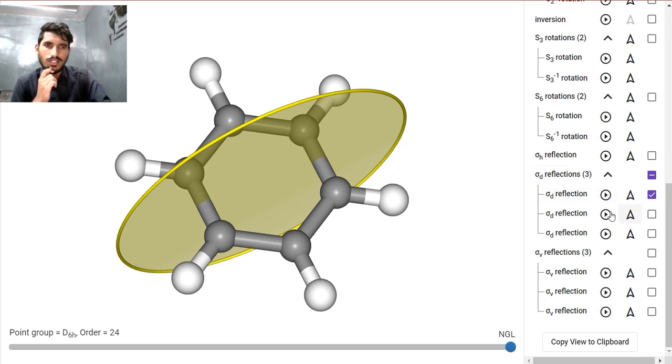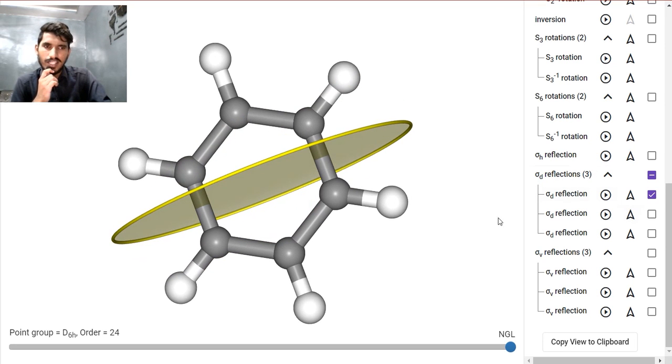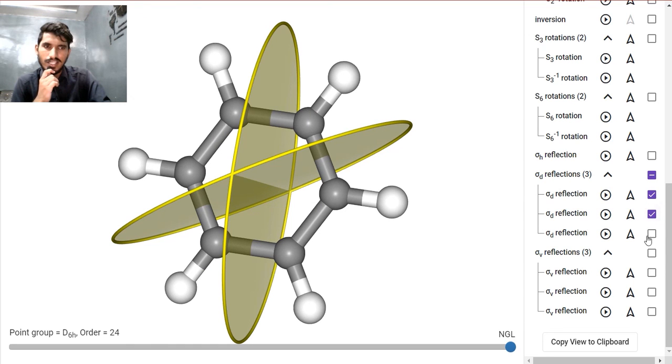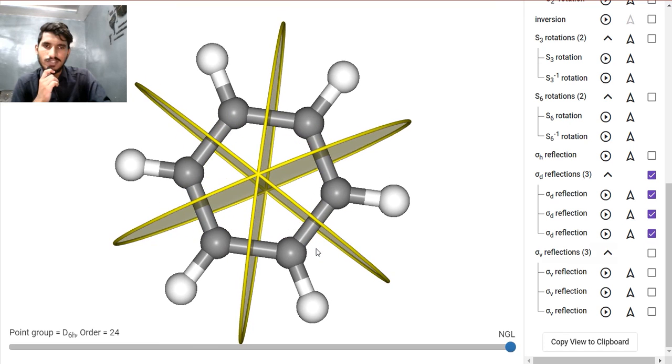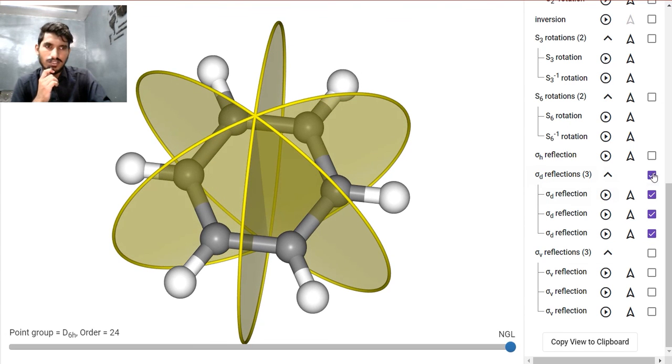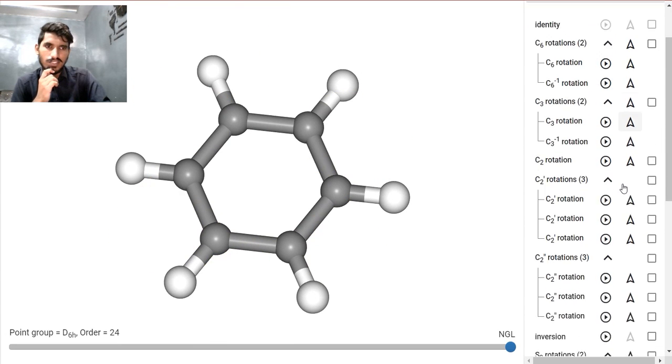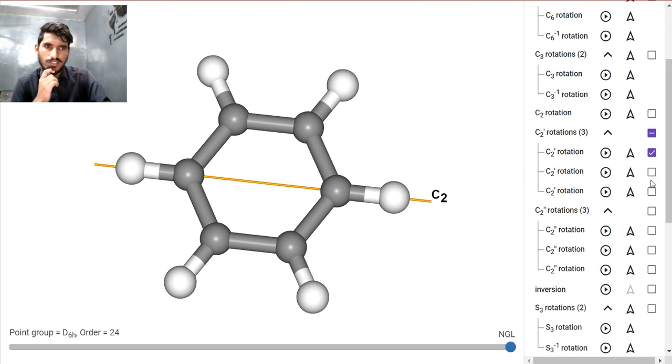Okay, so now this is one sigma d, and then we have another sigma d, and then again we have another sigma d. So what do we have? We have 3 sigma d's, and then we have 3 sigma v's here. Let me just explain it further. As you can see here, this one is a C2, this again is a C2.